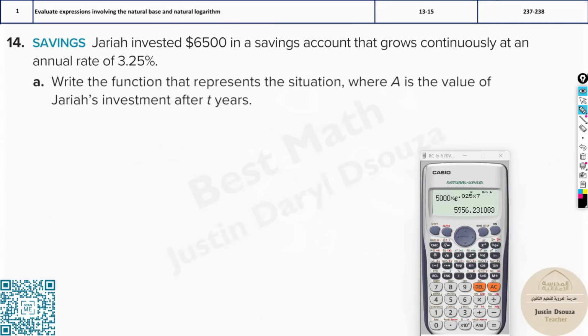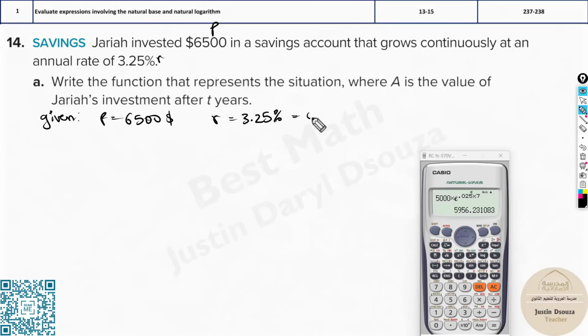Let me solve the others as well. It's again the same thing. What's happening here? Investment is P. Here the rate is R. And we have to write in terms of T. So for the formula, we need to write given P is equal to 6,500 dollars, and we have R that is equal to 3.25%.